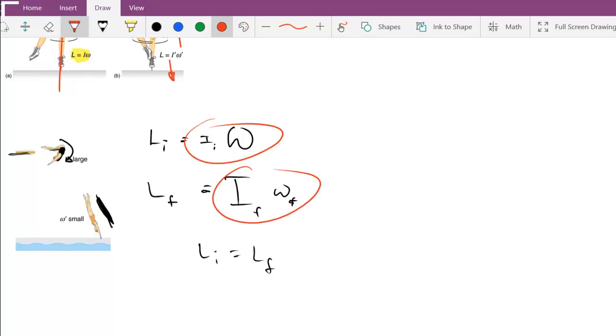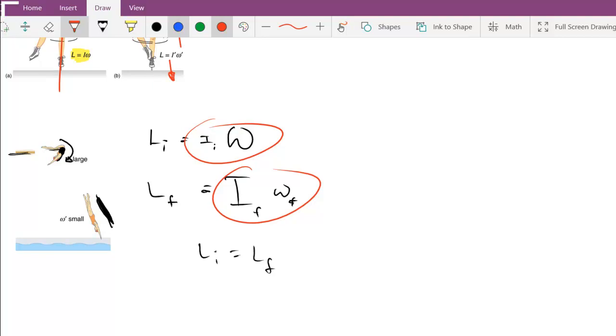So one way that angular momentum is different than linear momentum is that it's very easy to change your mass distribution. You don't have to change your mass to change your inertia. You only have to change the way that mass is distributed.